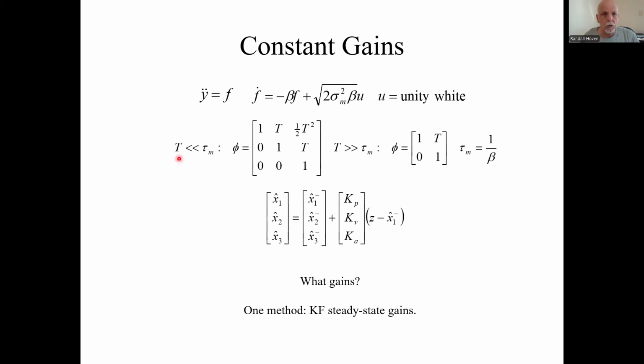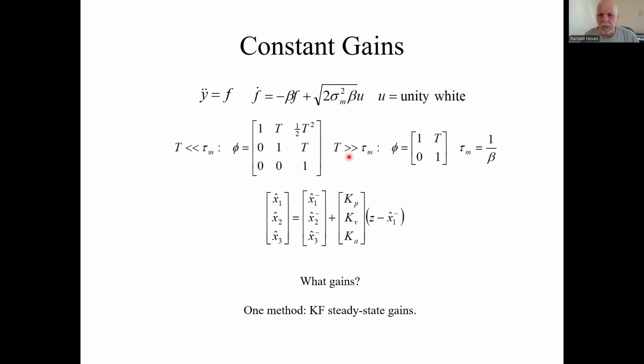If you sampled fast enough, if your time between samples was very small compared to how fast the thing changes, here was your phi matrix, all constants. It's just a function of your time step.